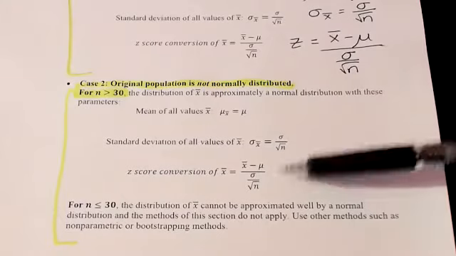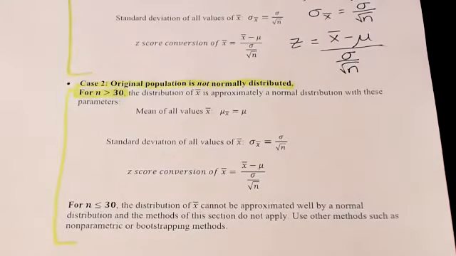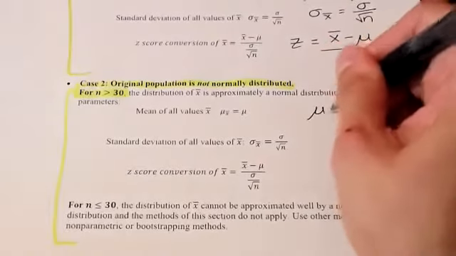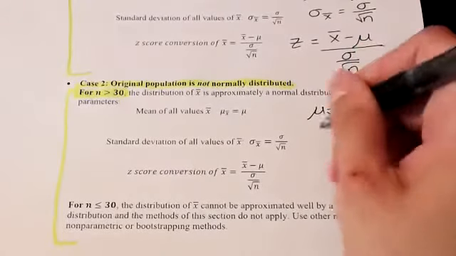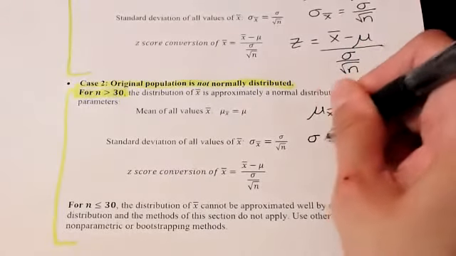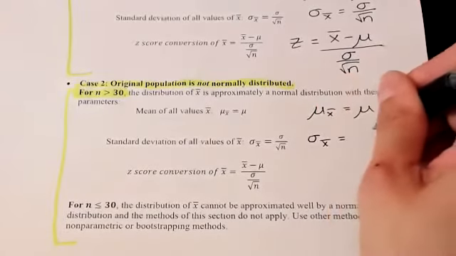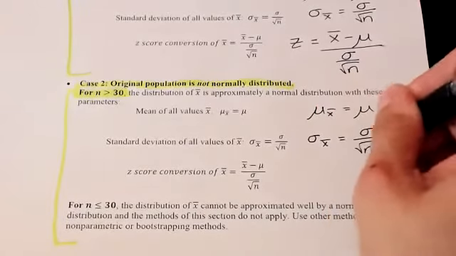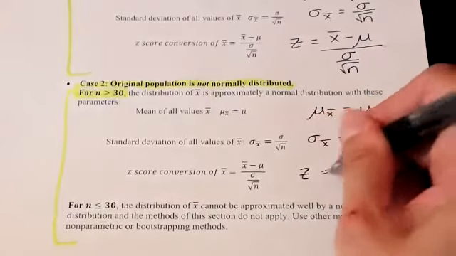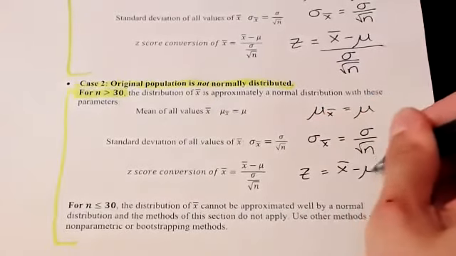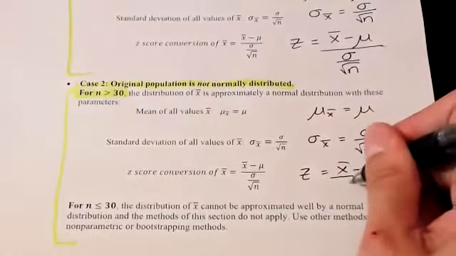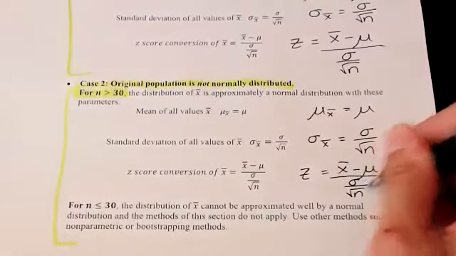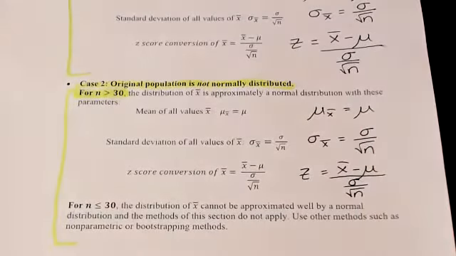Notice it's exactly the same as before. So we can use the same idea. I'm just going to rewrite what we have to make sure that you all are confident in the fact that we can use the exact same set of formulas. And that's because our n is greater than 30, which lends itself towards that approximate normal distribution.